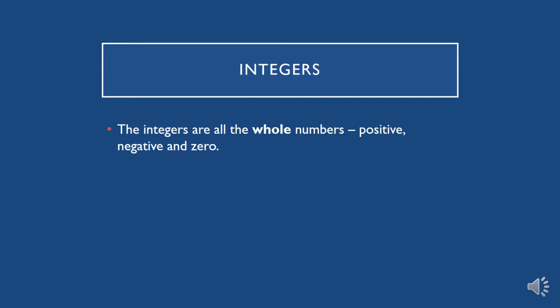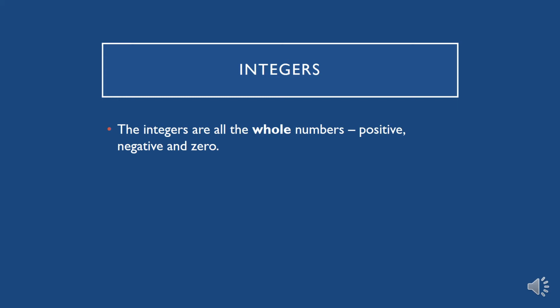Integers. The integers are all the whole numbers, positive, negative, and 0. Okay, so whole numbers again are full numbers, nothing in between, no 2.5 or 1.1. They must be full whole numbers.